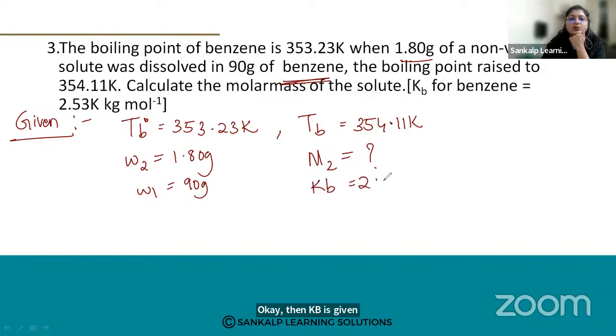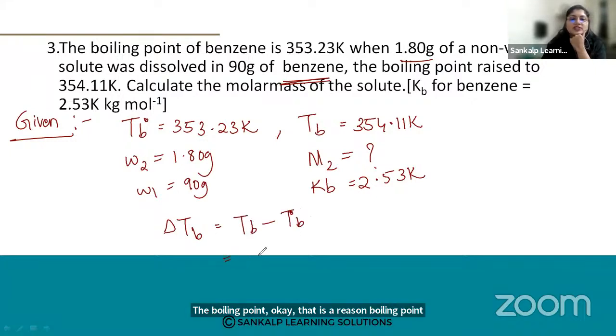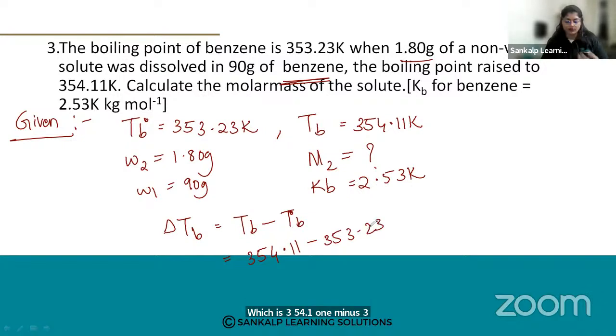as 2.53 Kelvin kg per mole. Okay, now which is the formula? First, see the change in the boiling point. That is, the raise in boiling point is given as delta Tb is equals to Tb minus T naught b, which is 354.11 minus 353.23. What will come?